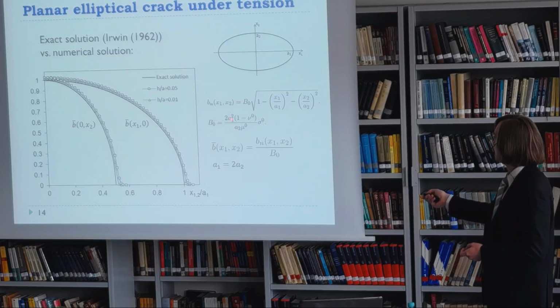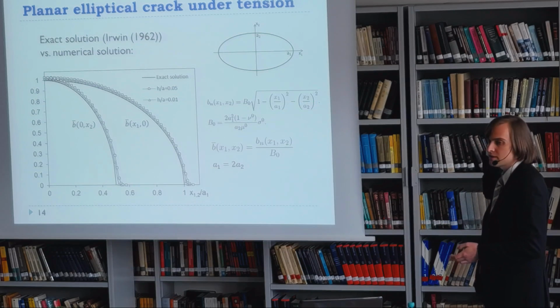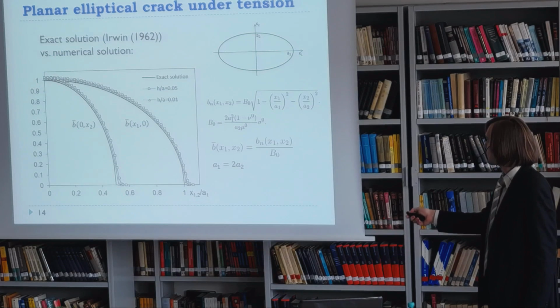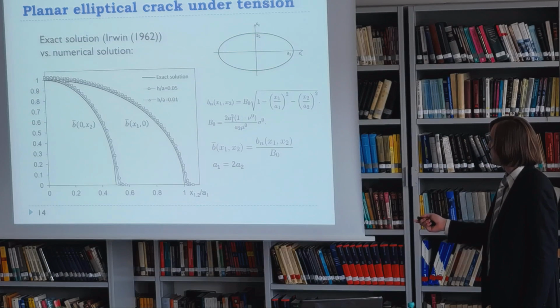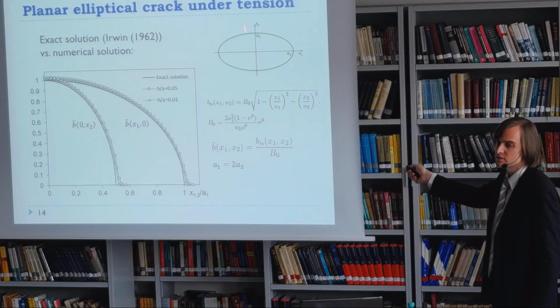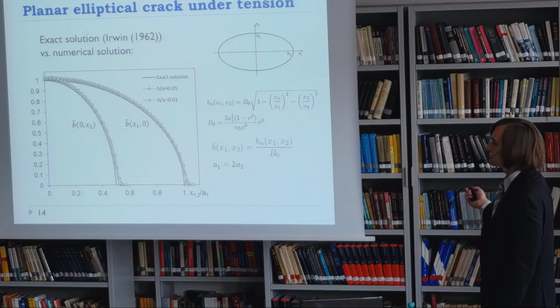This is the exact solution given by Irvine, even in the 60s. So this is the normalized exact solution here, and here are our numerical solutions for the crack opening in the x1 axis and in the x2 axis of a planar elliptical crack.